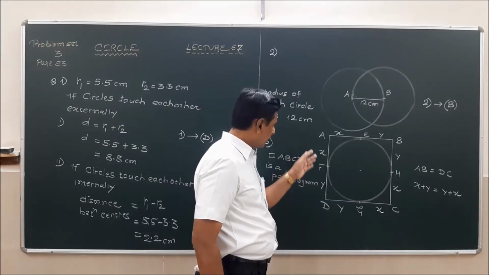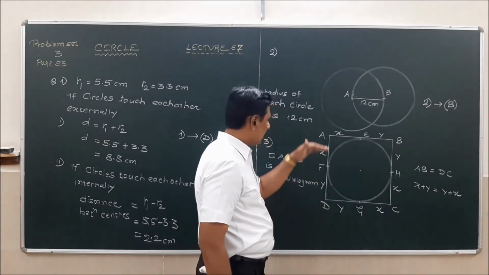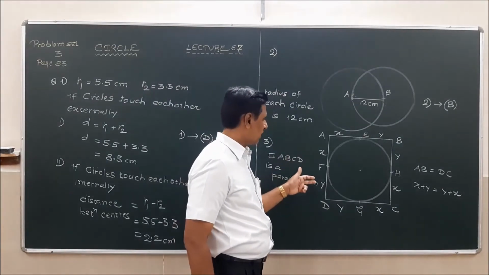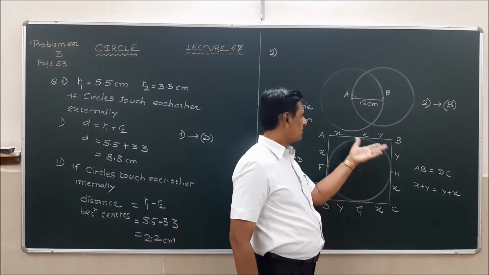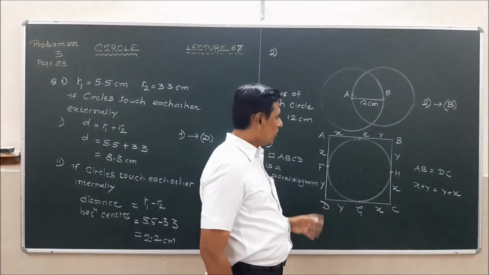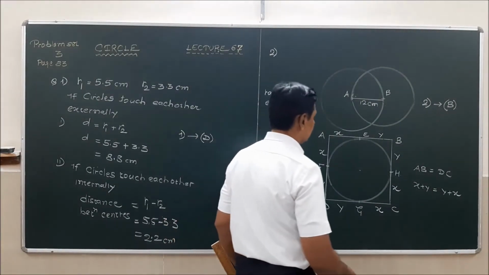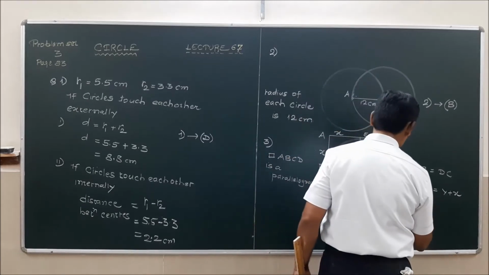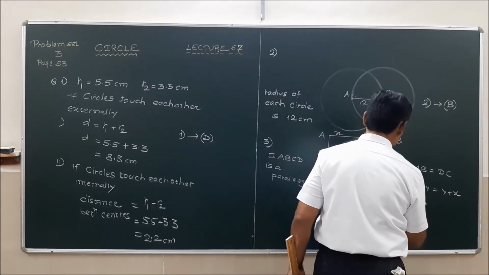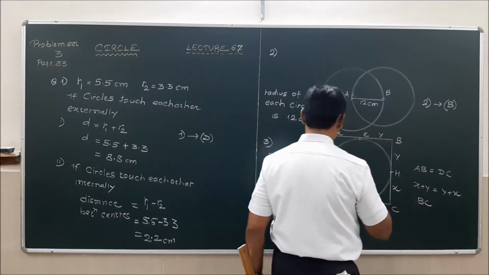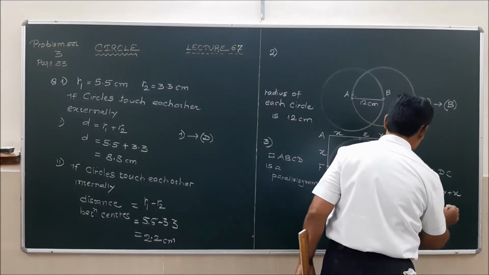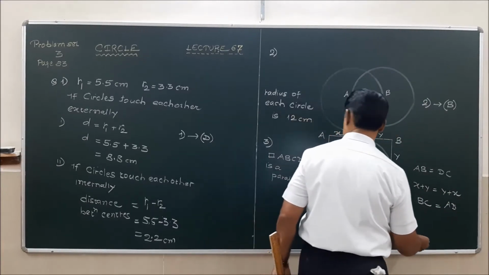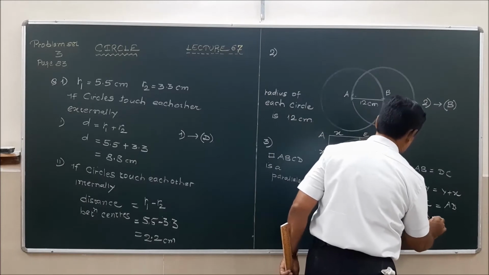So you will find that opposite sides are congruent as well as adjacent sides are also congruent, because each side is x plus y. So AB is equal to DC, AB is equal to BC, BC is equal to AB, and very important, AD is equal to DC.